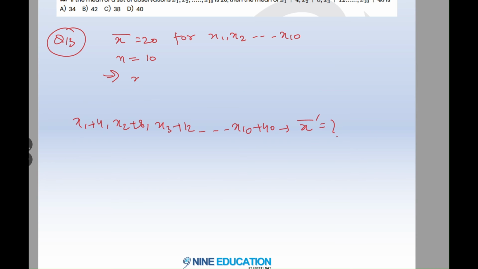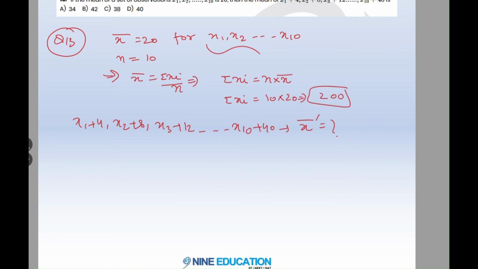Let's start from here. Mean is equal to summation of xi by n, which implies summation of xi will be n into x bar. Summation of xi is 10 into 20, which is 200. Therefore, the sum of the previous observations is 200. New mean is given by the summation of new observations divided by n, which is the summation of new observations by 10.